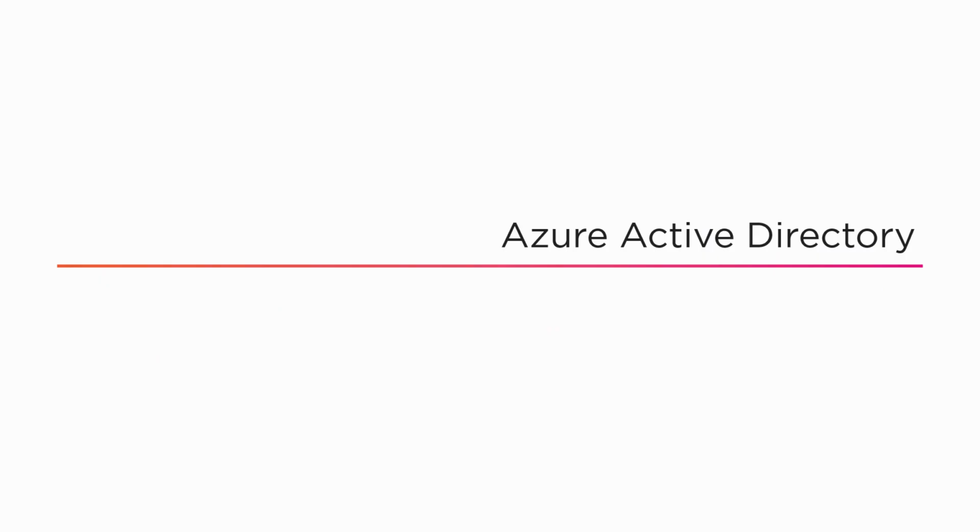So let's start with Azure Active Directory. The first thing that you have to do with PowerShell, when you want to do PowerShell for Office 365, is get the required modules. In the past, let's say you wanted to manage SharePoint with PowerShell.